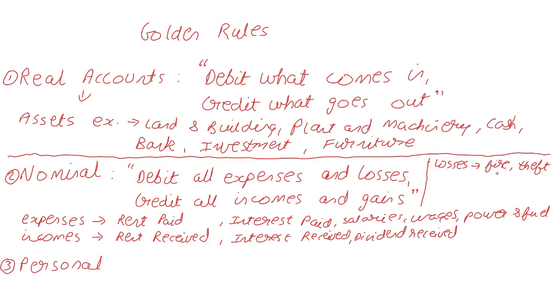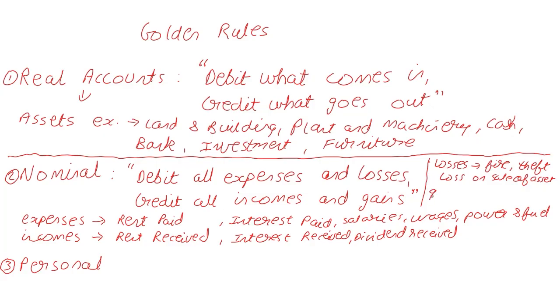Okay. So think of loss by fire, loss by theft. Also, when we are selling an asset at a loss, we have what is called loss on sale of asset.